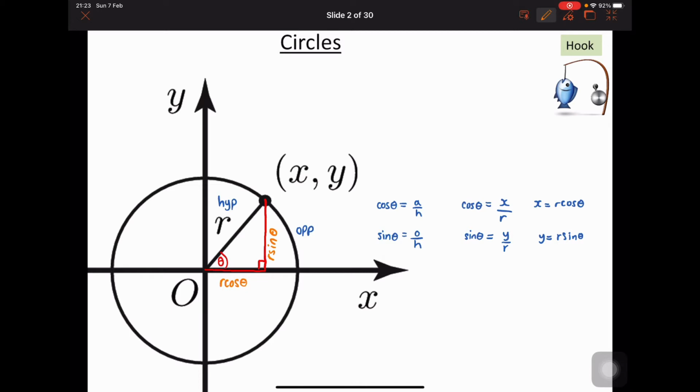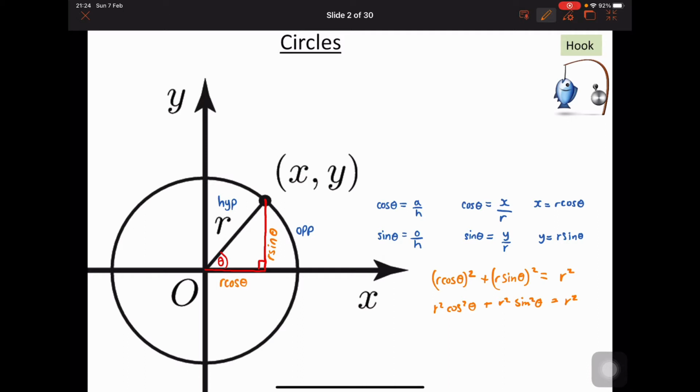Now let's use Pythagoras' theorem again. So r cos theta squared plus r sine theta squared equals r squared. So we have r squared cos squared theta plus r squared sine squared theta equals r squared.